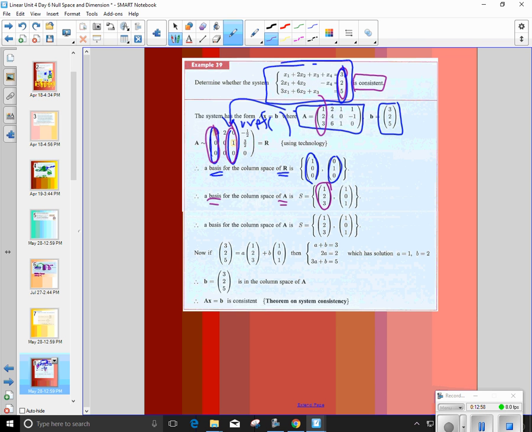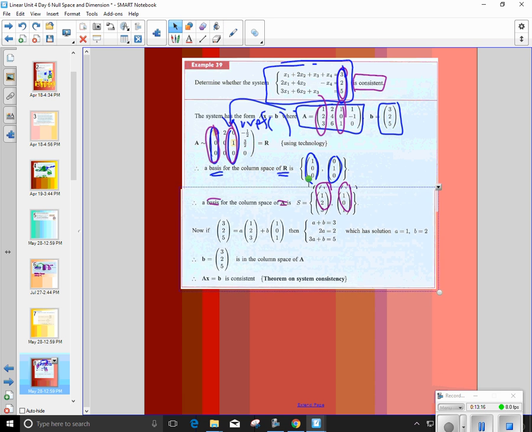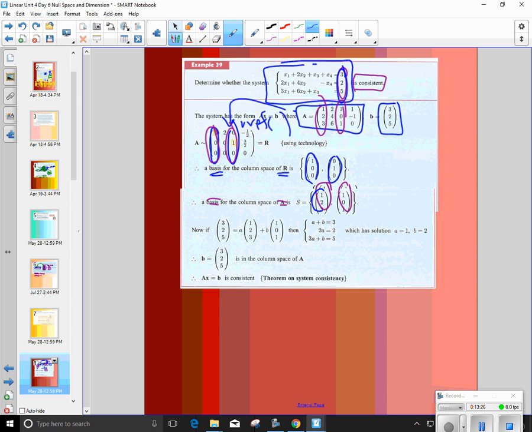This 0, 1, 0 matches up with 1, 0, 1, which matches up to there. The basis for the column space of A is the same. Okay? I don't know why this is repeated. This must be a mistake. Yep, it's a duplicate. All right. So then what we want to do is take the basis of A, these two, and do a linear combination with 3, 2, 5.